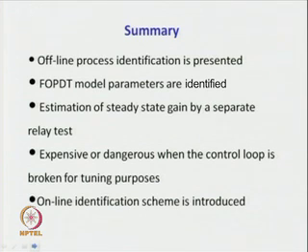What we have seen in this lecture? Online process identification is presented. So, an online identification scheme is presented, and it is found that it is possible to estimate two unknown parameters of a transfer function model using the describing function analysis of a relay.